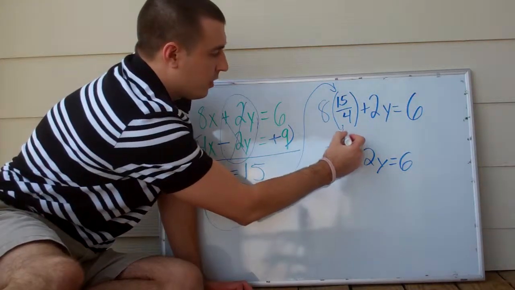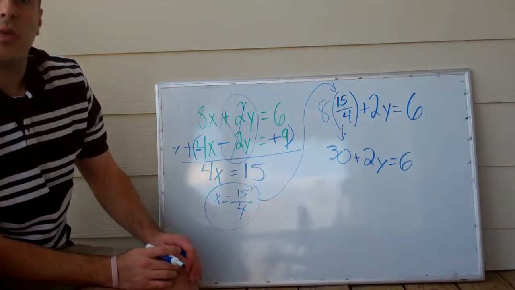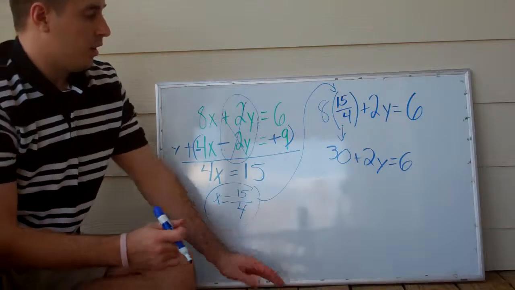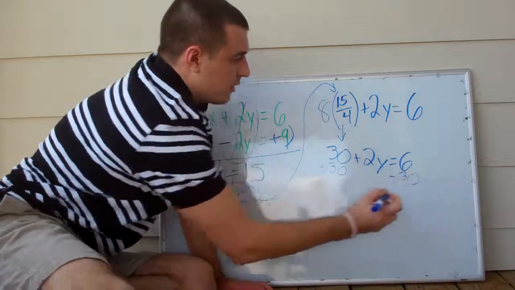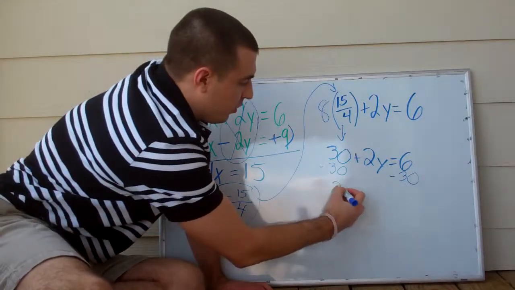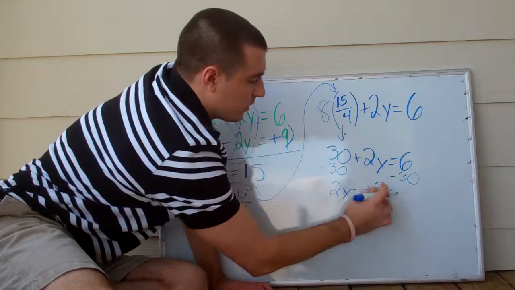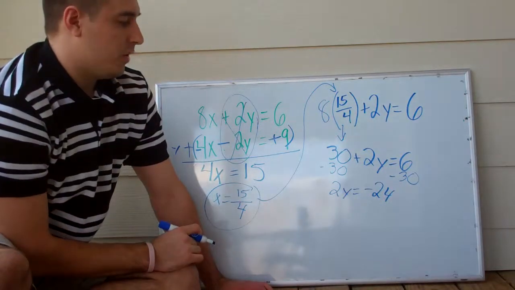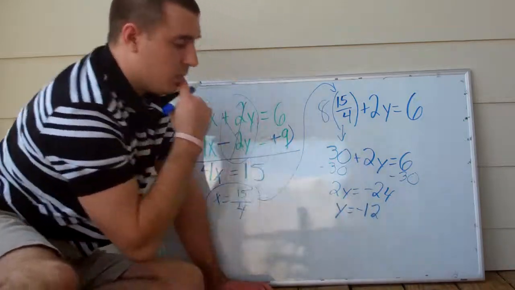So all I did right here was simplify that. So now we had to figure out just what y would be. So we can subtract 30, and we need to say that 2y equals, what's that, negative 24. So then y would end up becoming negative 12.